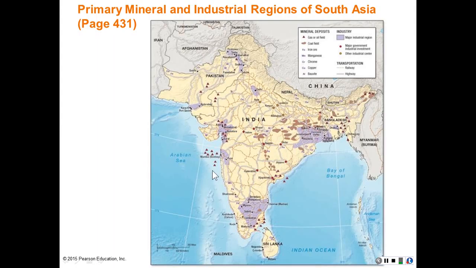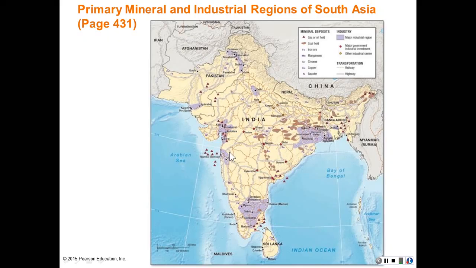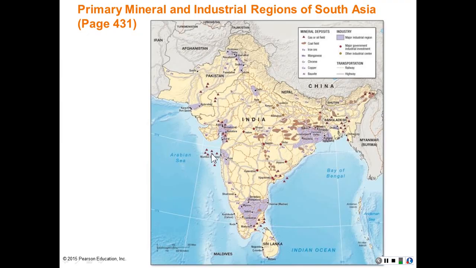We have Mumbai, the region formerly known as Bombay, a region that manufactures textiles as well as automobile parts. Small oil reserve off the coast there.